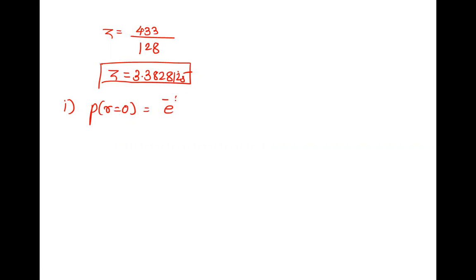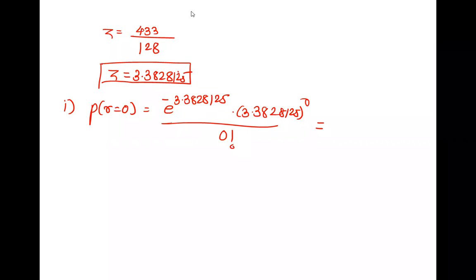So it is e raised to minus Z into Z raised to R upon R factorial. Find it. What is the answer? 0.03395.